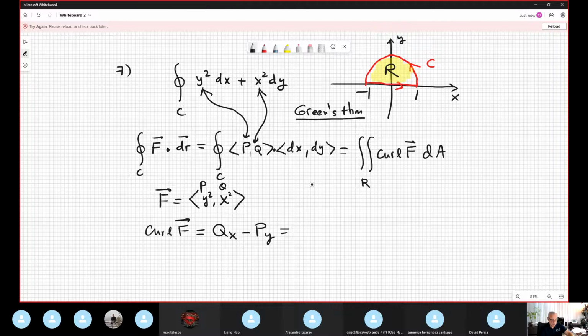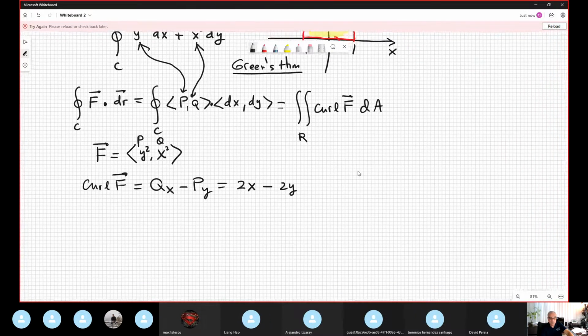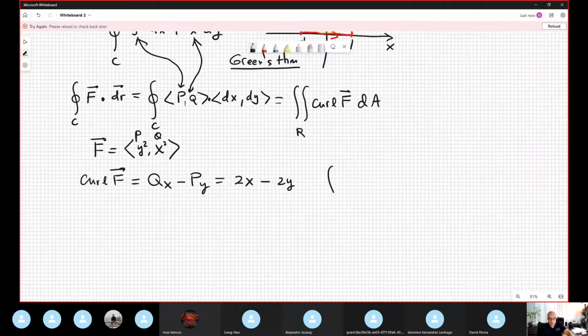Because the partial derivative of q with respect to x is 2x, and minus partial p with respect to y is 2y. Okay, perfect. So now the double integral that I need to do is the double integral in the region R, and the integrand function is 2x minus 2y dA.